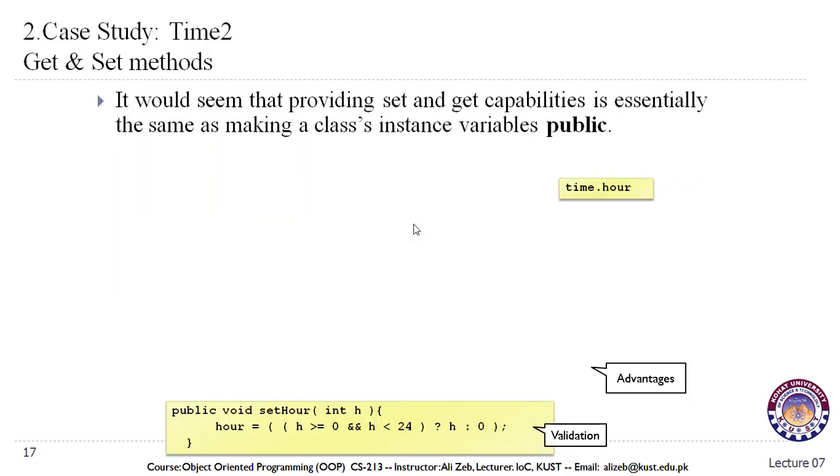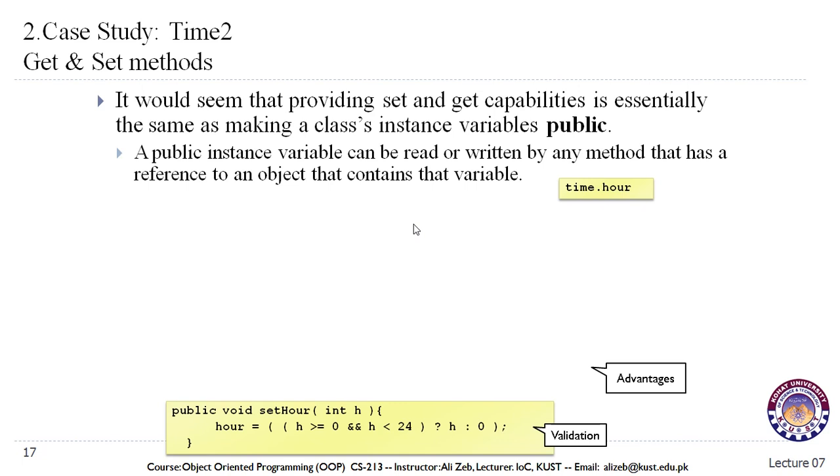It would seem that providing set and get capabilities is essentially the same as making a class's instance variables public. That means that we are providing access to our instance variables using the public instance methods. But as I said earlier, we are only providing controlled access to our instance variables through the setter and getter methods.